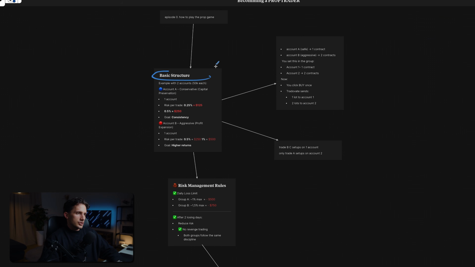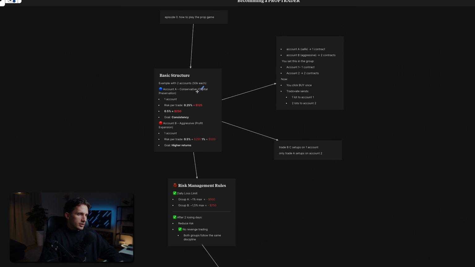Now, on basic structure, we have 2 examples. I'm treating this with 2 accounts because I'm assuming that you want to start out a little bit smaller, and you only need 2 accounts to purchase. You can also do this with 20 accounts. If you have a little bit more experience in prop firm trading, then of course you can do 20 accounts with Apex, let's say.